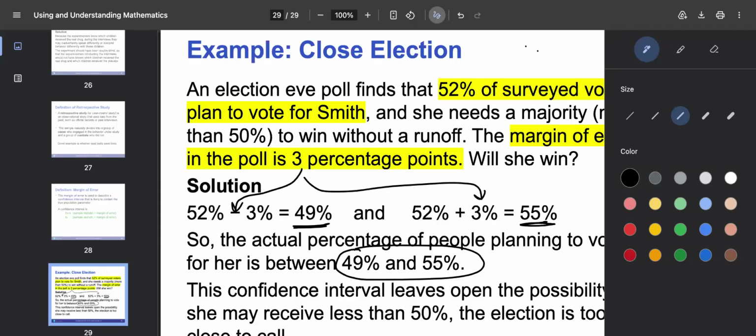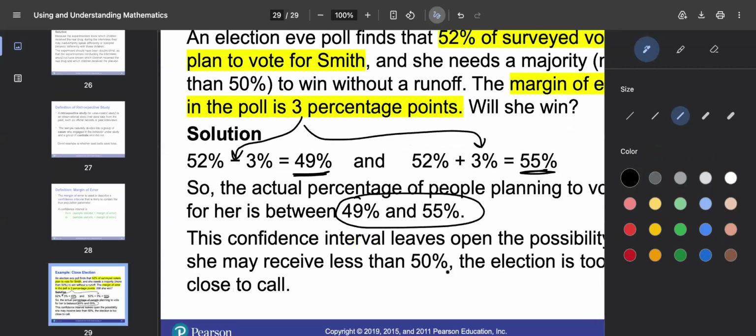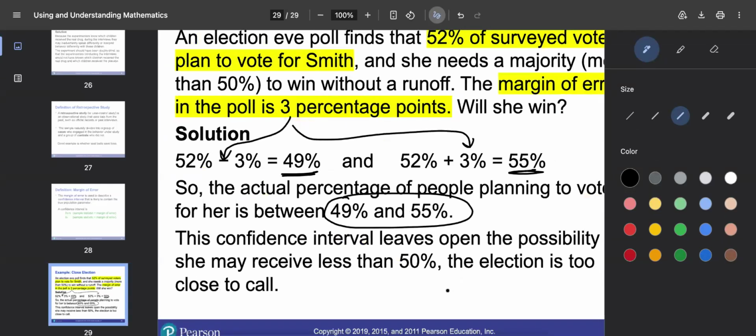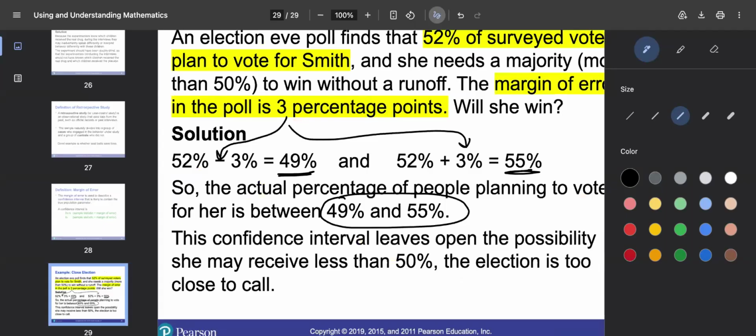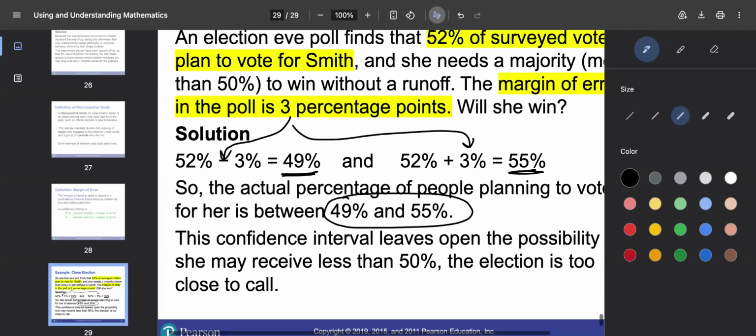So if she falls in that 49 to 50, it's not enough. I know that's not very many, that's not a big part of this section, but it still exists in there. And so because it contains 49 and not all of this is bigger than 50%, the confidence interval leaves open the possibility that she would receive less than 50%, so the election is too close to call.